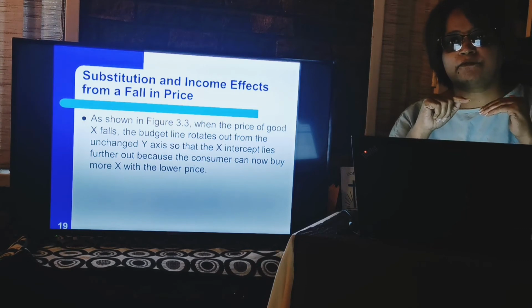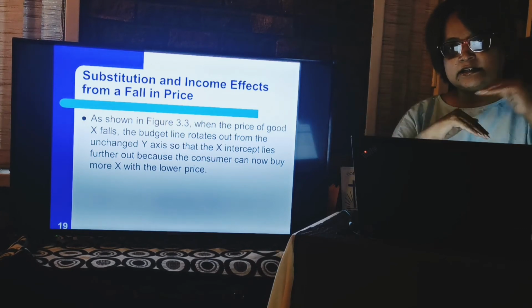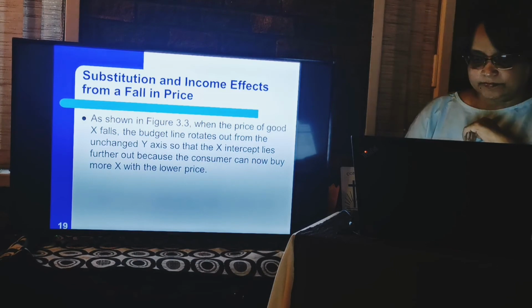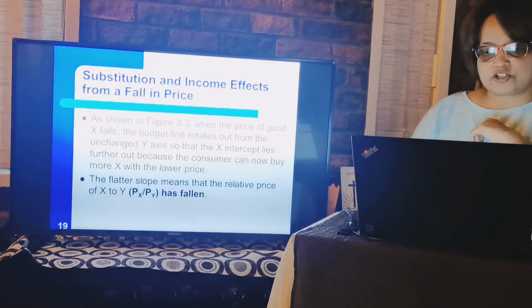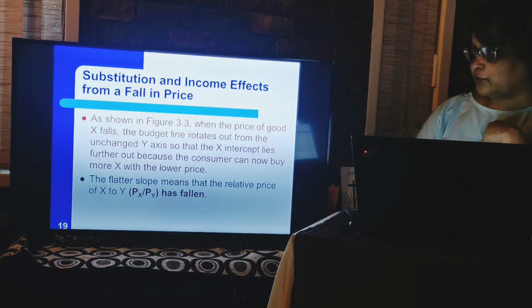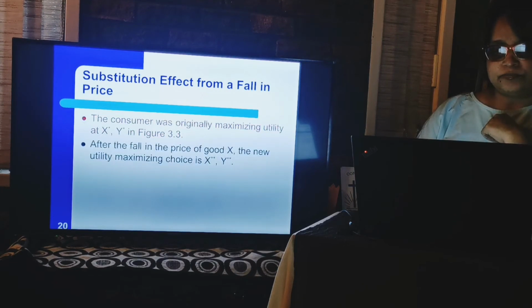But if X increases, there will be a decrease in the other product. The flatter slope means that the relative price of X and Y has fallen. And we'll see this when we get to the graph.